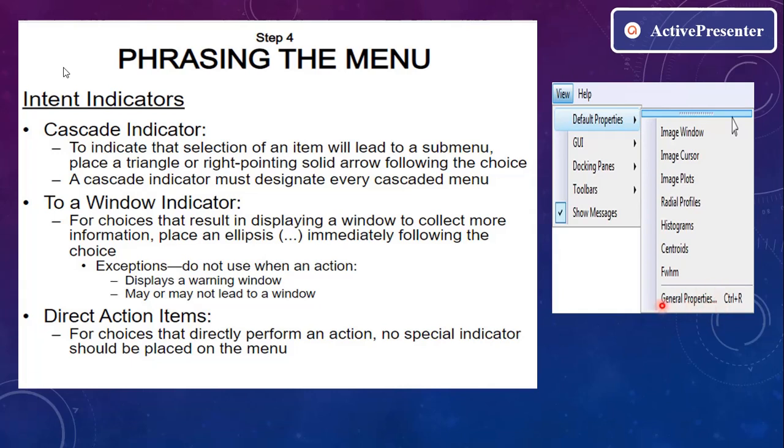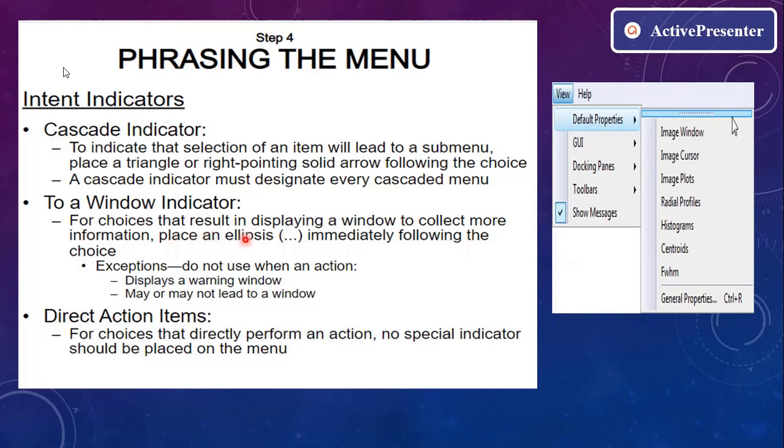This means it will lead to one more window. One more window will open up on the screen showing the general properties, so a new window will be presented whenever the user clicks on general properties. That is the meaning there.